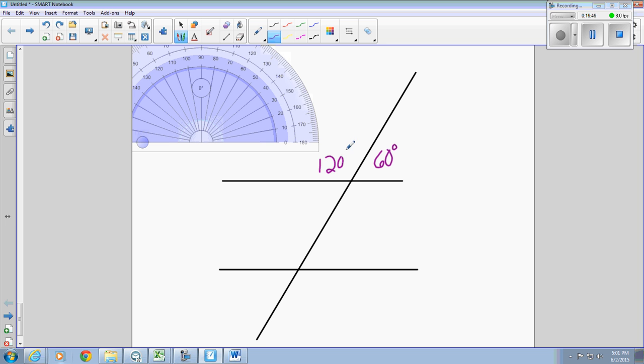And we've measured that, and we know it's 120 by our measurement, but the reason we know it would have been 120 anyway is because 60 plus 120 is 180, and a straight line makes 180 degrees. There's another rule that says these interior angles should be equivalent also. So if this is 60 degrees, this thing should be 60 degrees, and this thing should be 120 degrees.